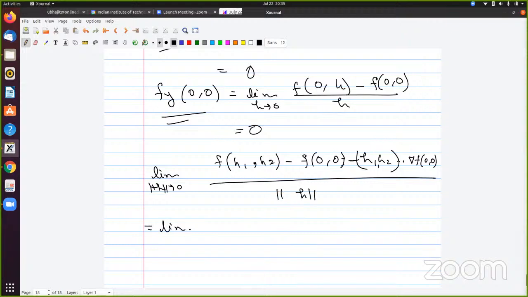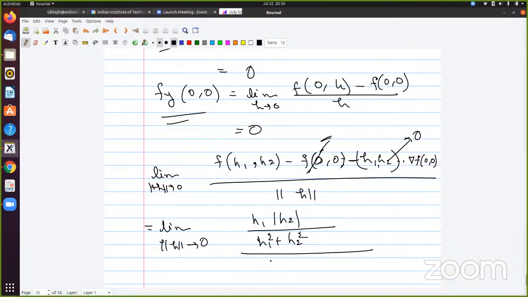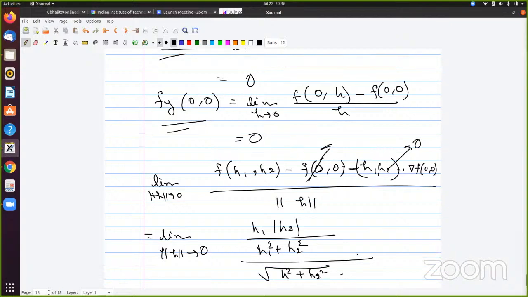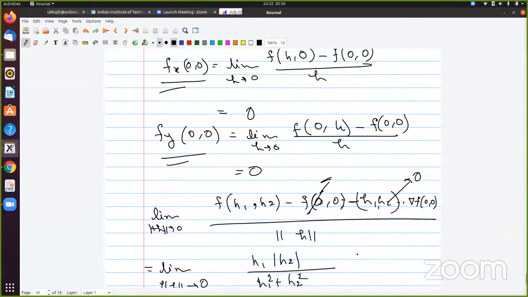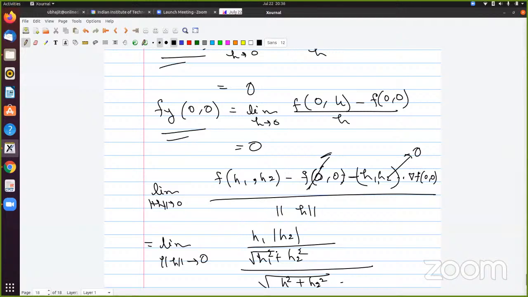So what we got here? This is 0, and this is also 0. This is only f of h1 h2. So h1 mod h2 by h1 squared plus h2 squared, right? By norm of h means this, so there is a square root of this.